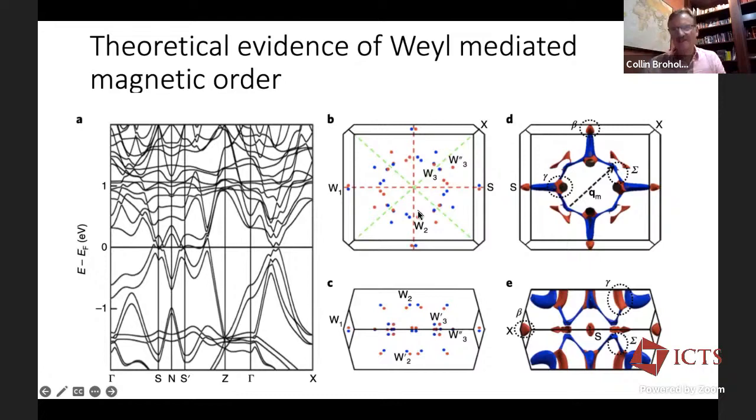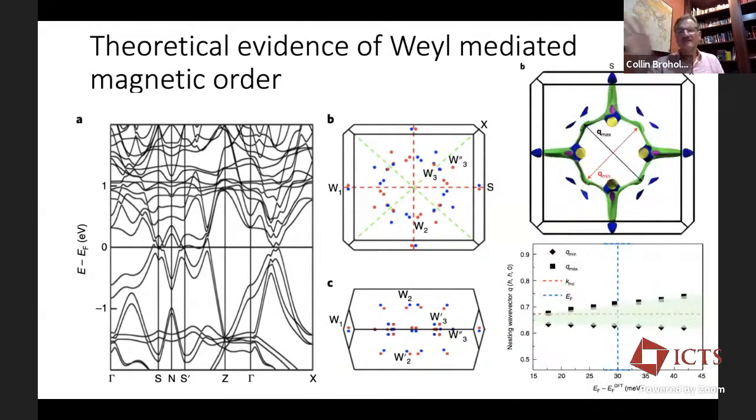And then, considering the chemical potential, one can look at the structures that are formed around these Weyl points, so the Fermi surface that's formed around these Weyl points, and one finds that this two-third wave vector that we see experimentally actually matches the spacing between some of these Weyl points. There are a lot of them, so it's not a specific association that we can form, but there is this matching of the incommensurate wave vector with this dimension of the Fermi surface.